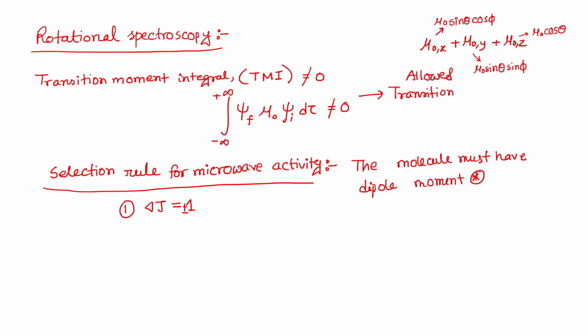You need to get a non-zero dipole moment along that particular direction. Suppose you are working with mu 0 z. If the triple product along mu 0 z, the transition moment integral, comes out non-zero, then it is allowed along the z direction. If it is allowed along the x direction, then the TMI along x would be non-zero, like that.